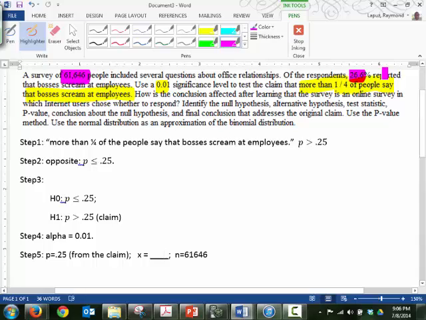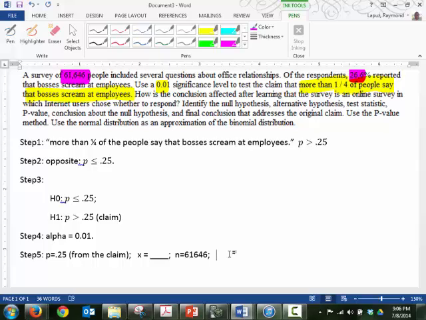That is not X. What is that? It's a percentage of N. We look at that as what? This is a proportion for the sample.